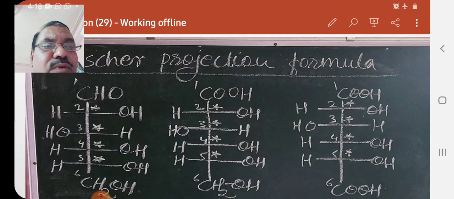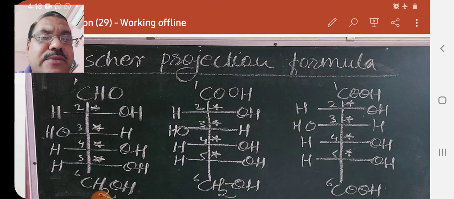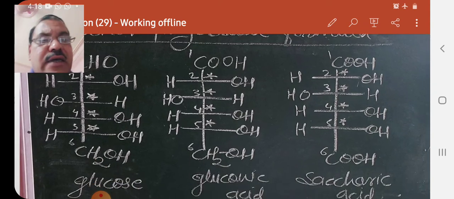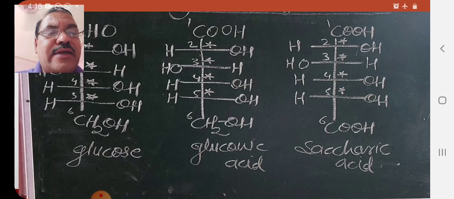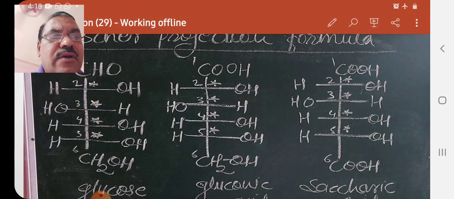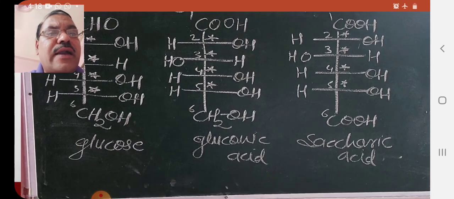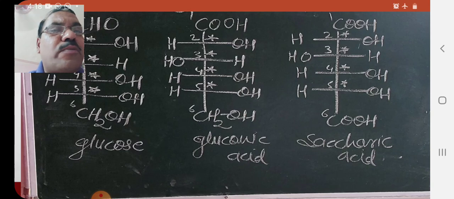That means there are 4 asymmetric carbon atoms. Due to 4 asymmetric carbon atoms, the glucose molecule, gluconic acid and saccharic acid all contain 4 asymmetric carbon atoms, therefore they are stereoisomers. They show optical isomerism.